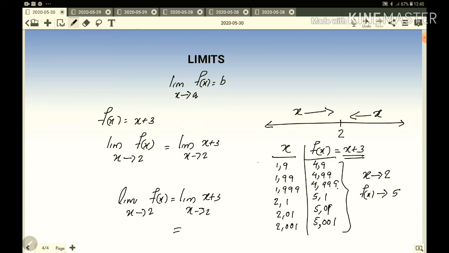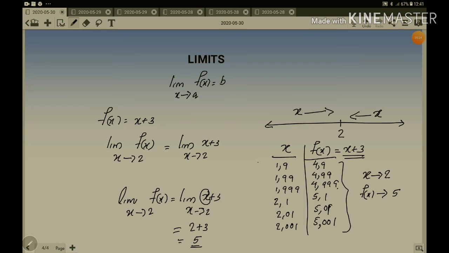We can substitute, replace x, because x is moving to 2. That is, replace x with 2. We are finding the value of f of x, so it's going to be 2 plus 3. So f of x will move to 5. That's how we are doing this question.